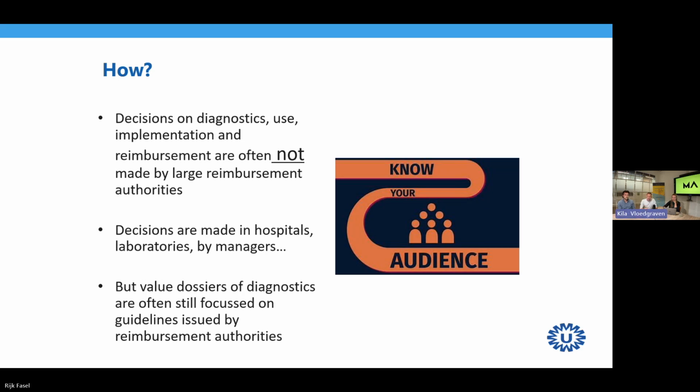But what do we see in the past few years? We do see that a lot of value dossiers are often still focused on the guidelines issued by reimbursement authorities.